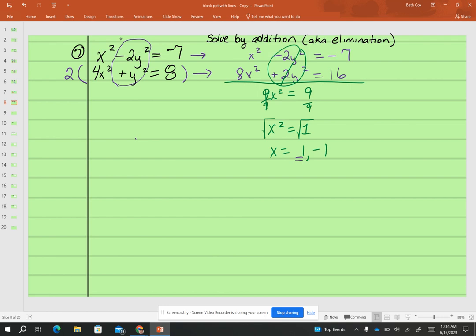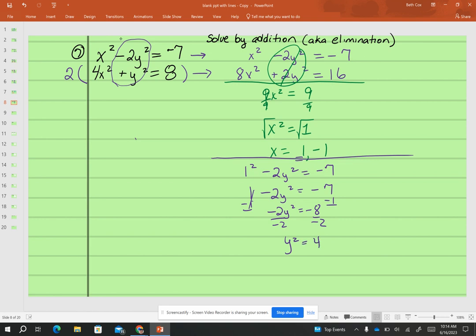When x is 1, I have 1 squared minus 2y squared equals negative 7. So that's 1 minus 2y squared equals negative 7. I'm going to subtract 1 on both sides. Negative 2y squared is negative 8. Divide by negative 2, I get y squared is equal to 4. Square root, y is equal to positive and negative 2.